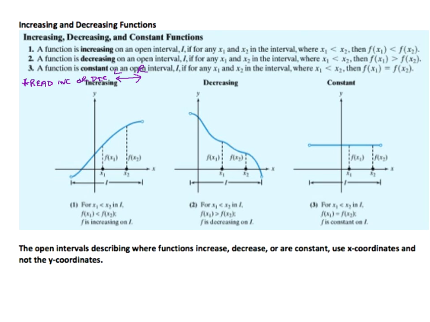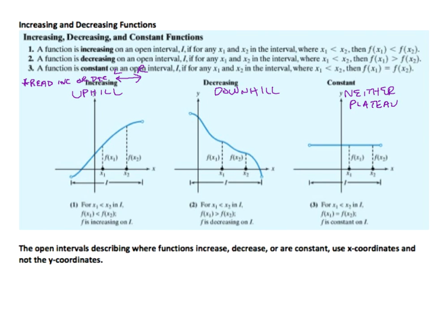So if your function is increasing, if you're looking at it from left to right, it's going to do exactly what it says it is. It's going uphill. So a really simple way of putting it: increasing, uphill, left to right. Decreasing, just the opposite, downhill, left to right. And we also have constant functions, so neither.